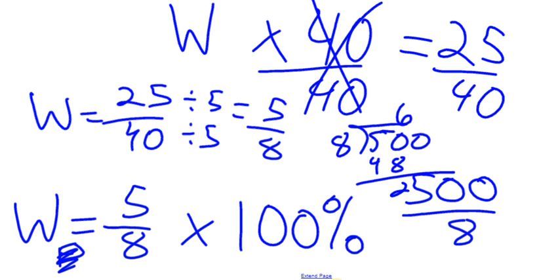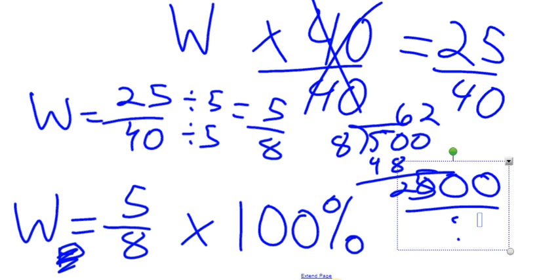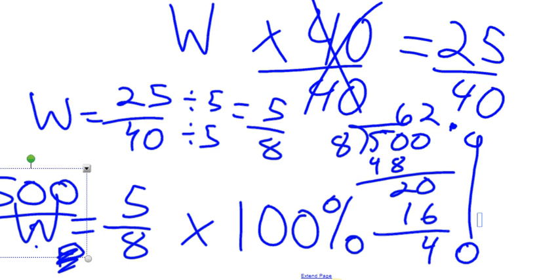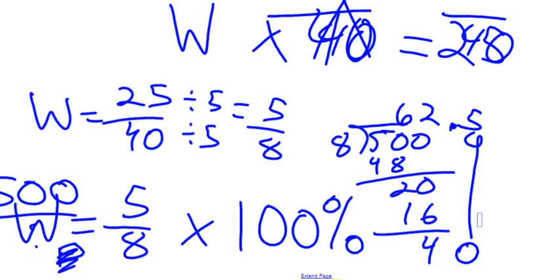And now I've got 20. 8 goes in 2 times. Now my writing is going on top of the other writing, so it's hard to see. Let's get rid of that. 2 times 8 is 16. Now we have 4, and now we have a decimal number. Bring down a 0. 4 goes to 5. Now we have numbers on top of other numbers. Get rid of these numbers.